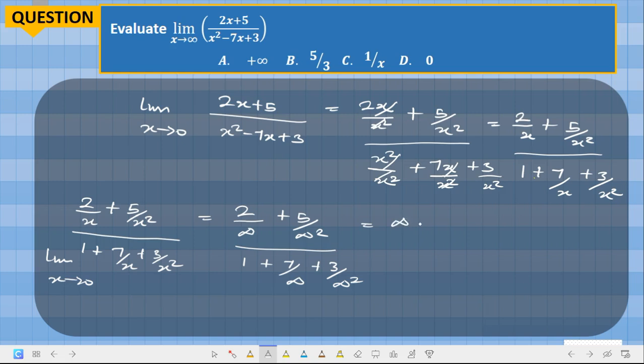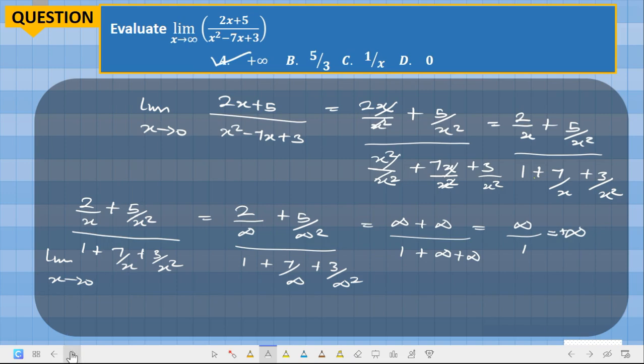Infinity. It's undefined, so we have infinity plus infinity all over 1 plus infinity plus infinity. Now infinity plus infinity is 2 infinity. When divided by 1, what are you going to have? Infinity divided by 1 is still the same thing as infinity. Okay, so the correct answer to this question is plus infinity.